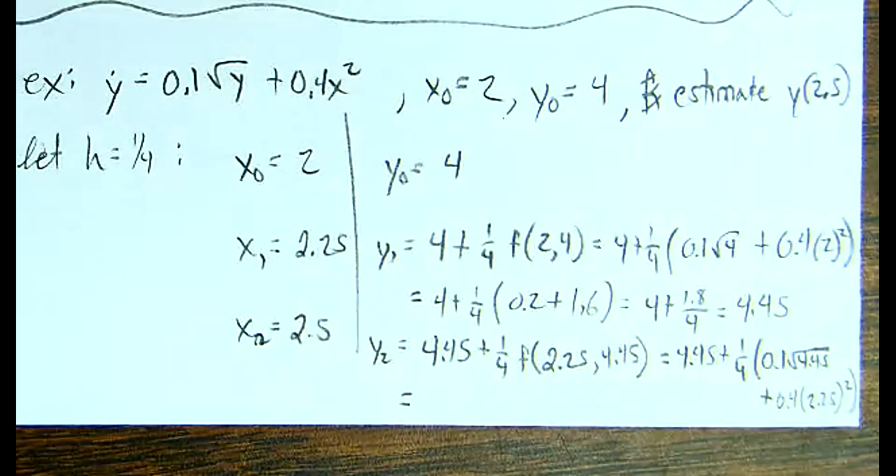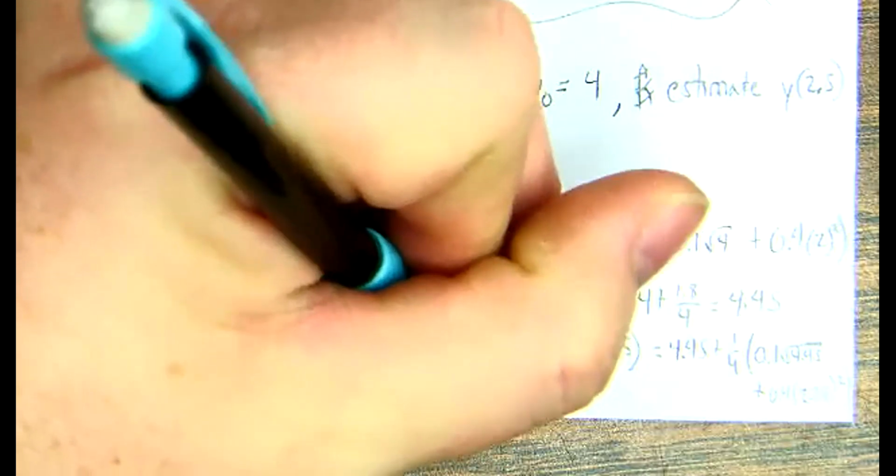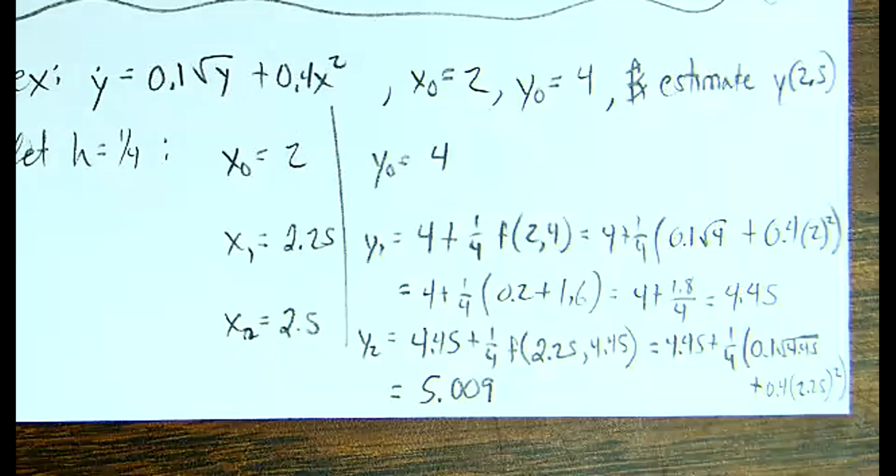And then the square root of 4.45 is 2.109, times 0.1 is 0.2109. And then add the 2.025 to that. We get 2.236, times 1/4 plus 4.45. We get 5.009. That is our estimate.